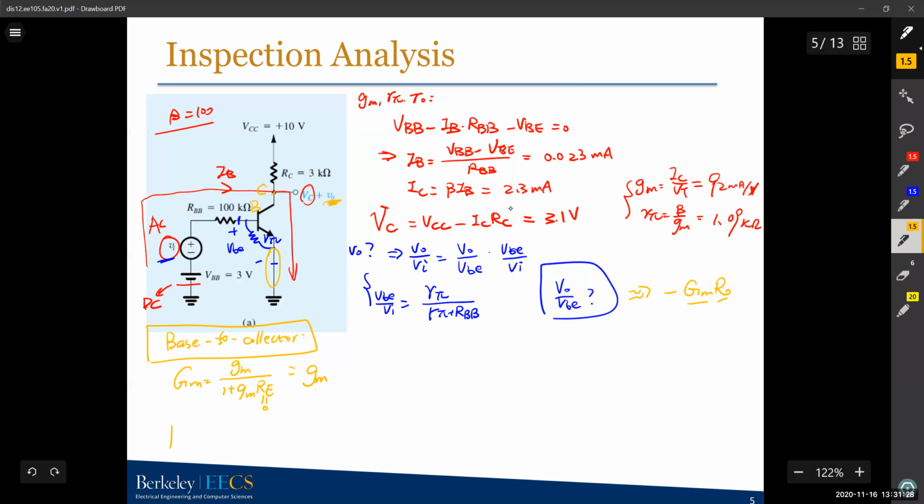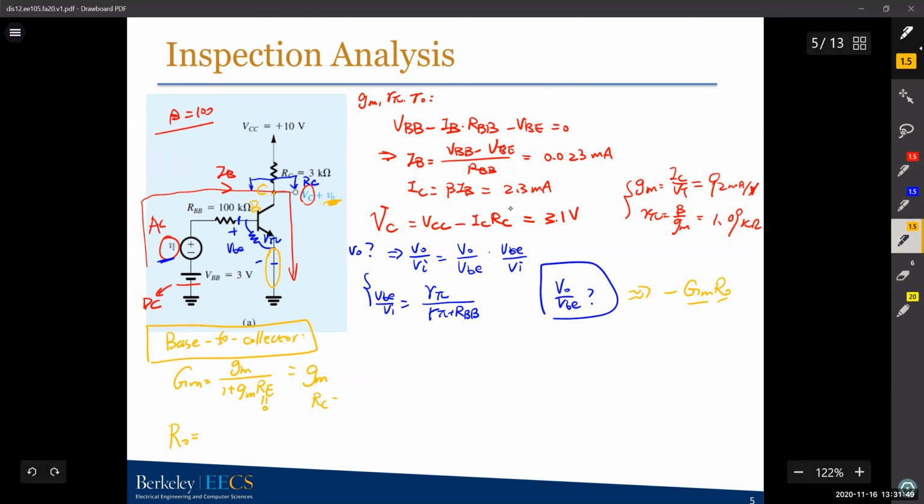And what's your capital RO? So recall the inspection analysis. What's the small rc? The small rc is the equivalent resistance from the collector looking downward.